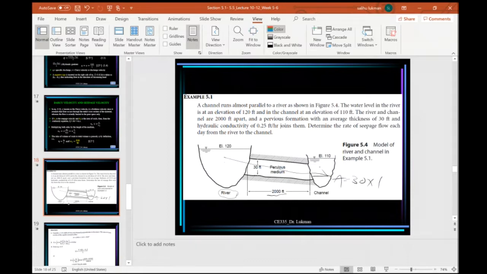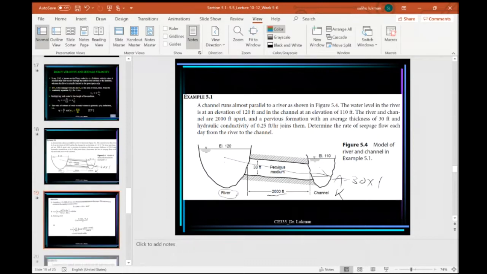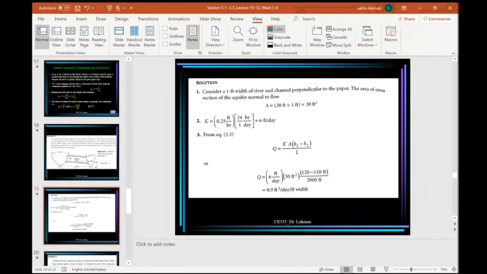From there we were given the hydraulic conductivity, K, of 0.25 feet per hour. But don't forget, we were asked to find the rate per day. So we need to convert it to feet per day by multiplying by 24 hours over 1 day. This is 6 feet per day.